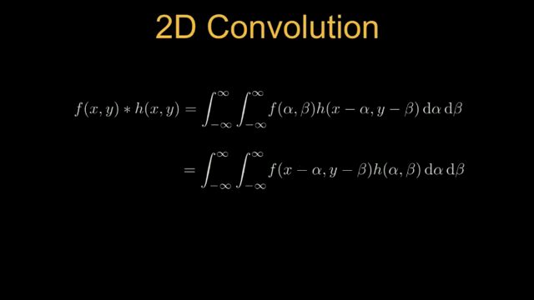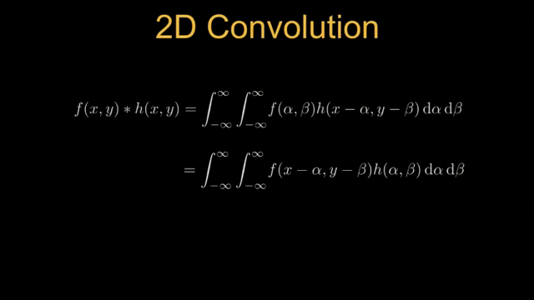So before we go into Fourier transforms, let's look at convolution. You've seen 1D convolution. This is the direct extension to 2D. You'll notice that all the equations look very familiar. We have, again, f and h convolved. And now you'll see that the arguments include both x and y. When you write out the integrals, you now have two dummy variables, alpha and beta.